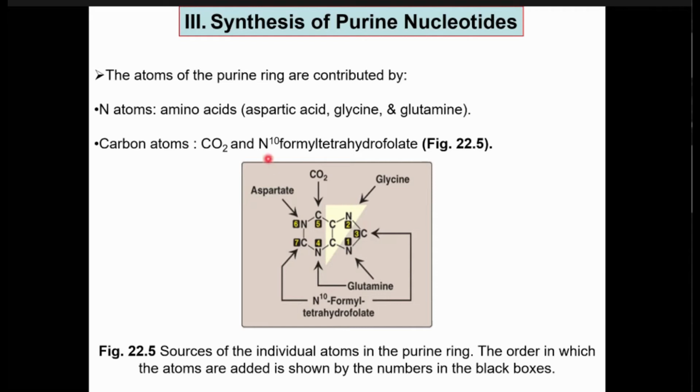RNA. So this question has been asked before, so please make a note of these slides. The N atoms of the purine ring of purine nucleotides come from aspartic acid, glycine, and glutamine. The carbon comes from carbon dioxide and the N10-formyl tetrahydrofolate. So as you can see here, the carbons come from the CO2 and the formyl tetrahydrofolate.